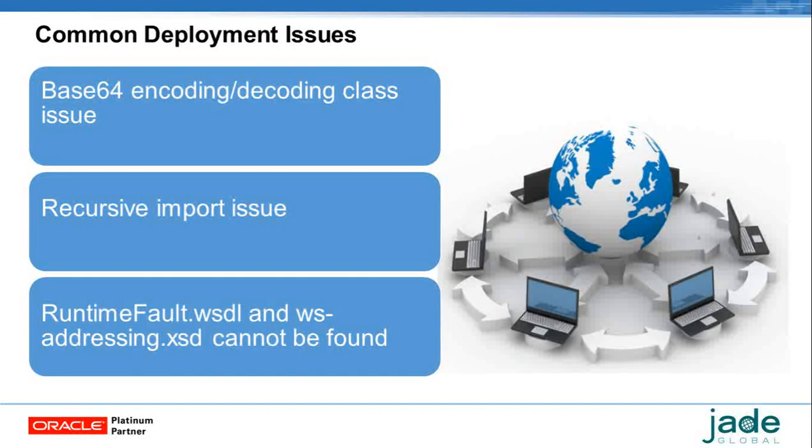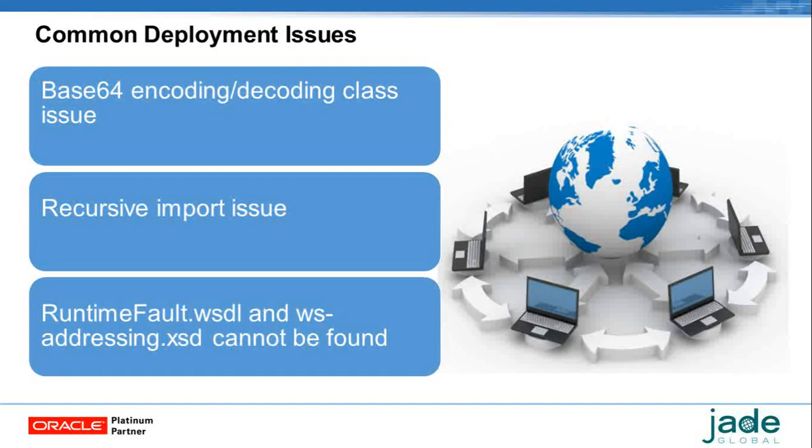Another issue is the runtime fault WSDL and the WS addressing XSD cannot be found. It's mainly because its location got changed. In 10g, it normally resides in the server path called XML-lib, and in 11g these files actually moved into the metadata storage, the repository.